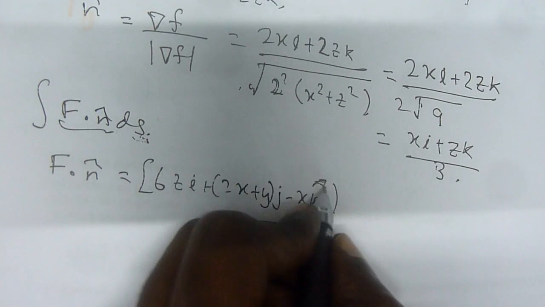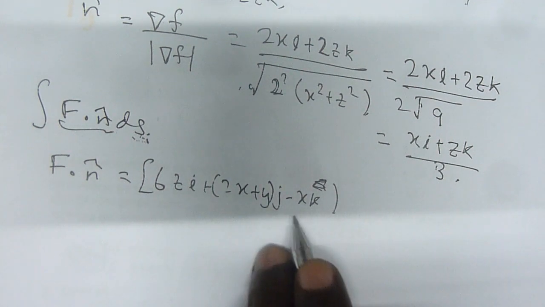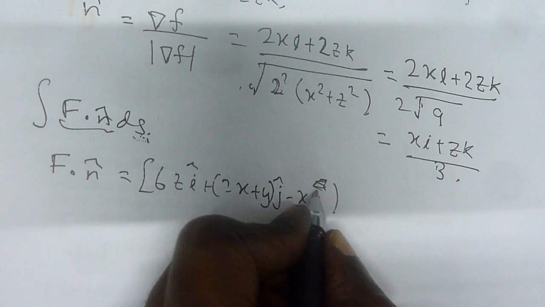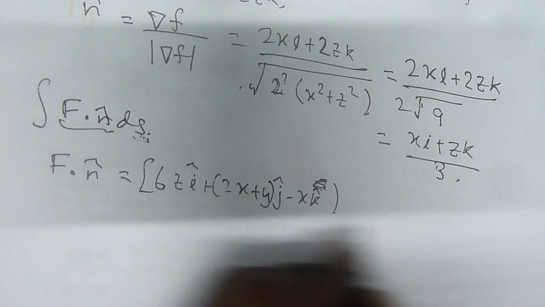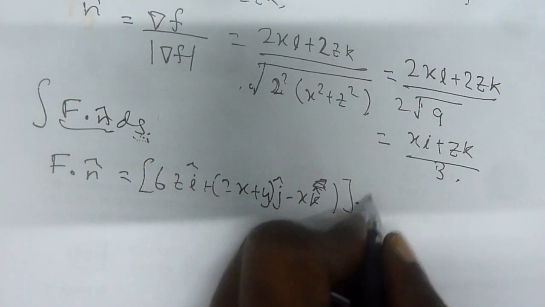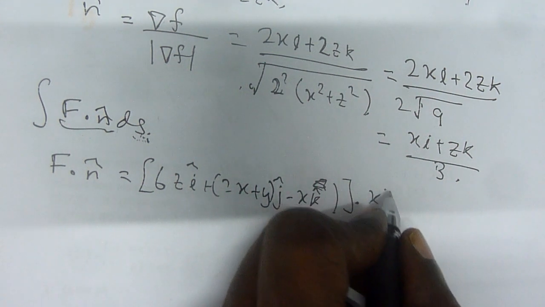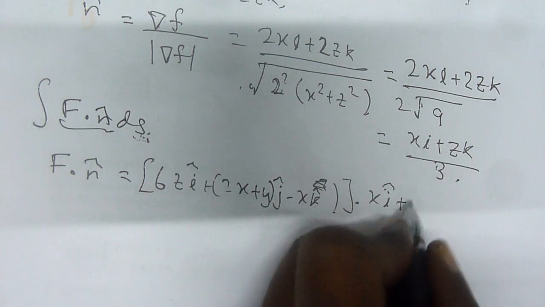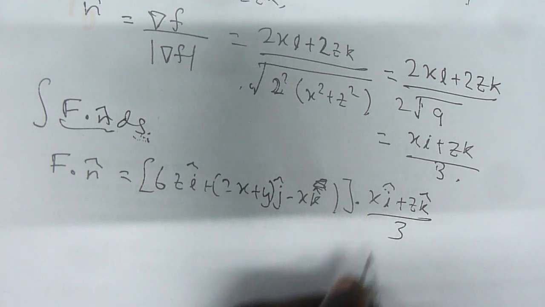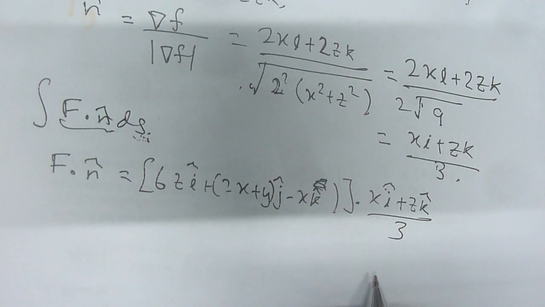Next time don't bother so much about the units; it's understood, it's all unit vectors. It's xi + zk over 3.